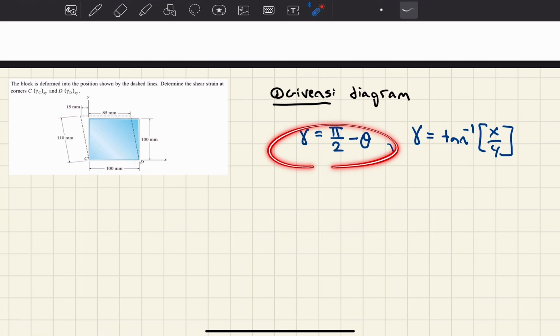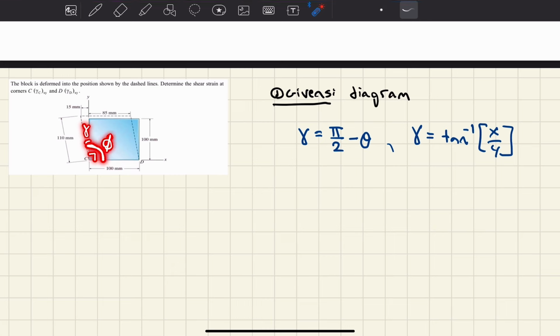Why did I say that this formula isn't always true? Or you can even alter this one by using sine and stuff, but why is this one not always true? Well, if we look at this case right here at angle C, sure, this is 90, and this is theta, and let's say this full angle right here is phi, right?